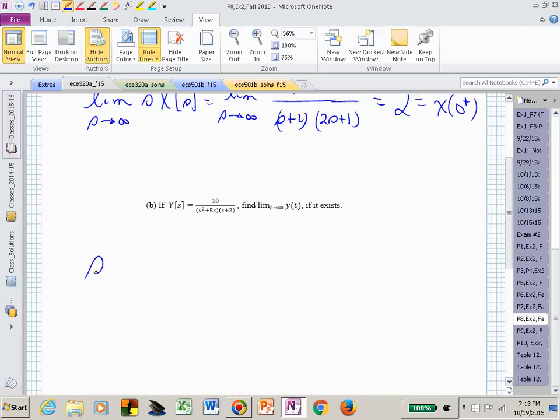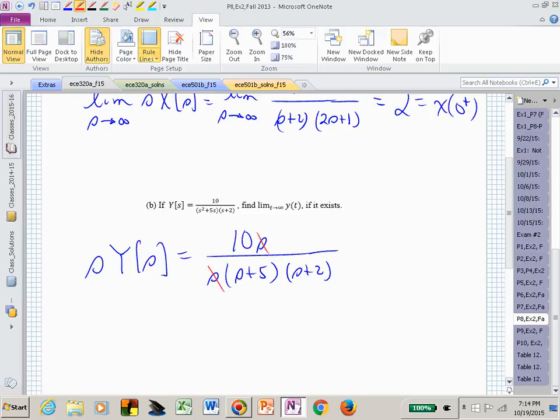Now we need to look at s y of s. This is now 10s over, and I might look at my terms and see if the first term can be rewritten. And now I'm looking at this to see, are the poles of this expression okay?